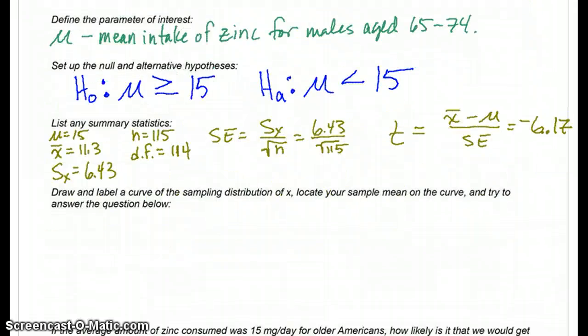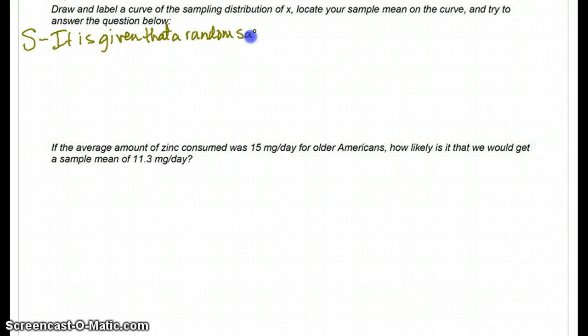Now that we have all of our summary stats, what do we go to next? We've got to have our conditions. Don't forget, conditions are important. First, we have S, and it is given that a random sample was used. For independence, we are talking about men.